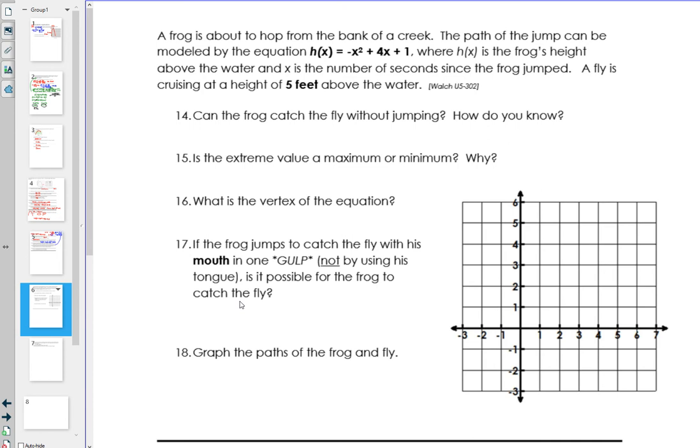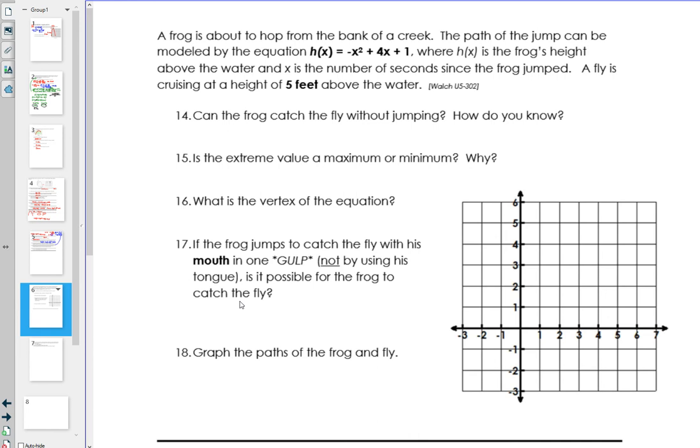Can the frog catch the fly without jumping? Well, this is not like he's sticking his tongue out or anything, right? He's about to hop. The path of the jump can be modeled. So that's the path of the jump.